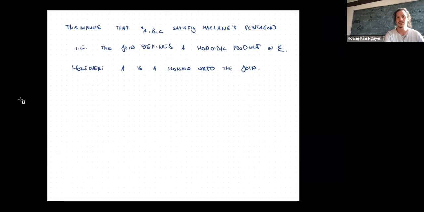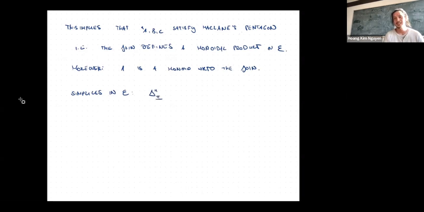So using this, we can define simplices by just inductively taking joins of terminal objects. I'm going to call them delta n with a subscript of the interval.